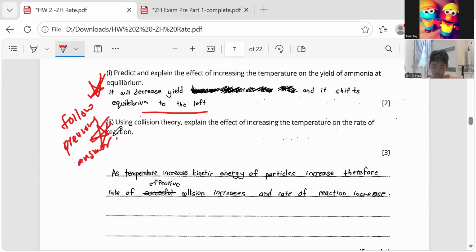Do you know what questions these are? Yes, the effect of temperature one.